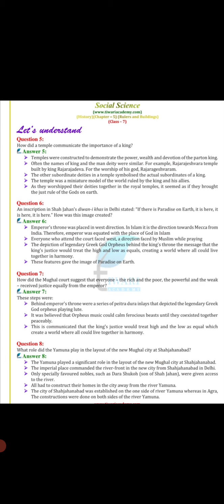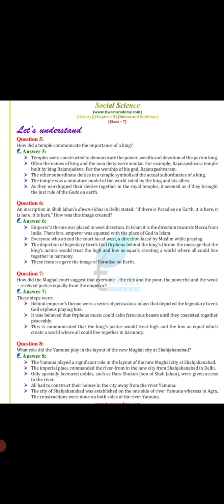The imperial palace commanded the river front in the new city of Shahjahanabad in Delhi. Only especially favored nobles such as Dara Shikoh, son of Shah Jahan, were given access to the river. All had to construct their homes in the city away from the river Yamuna.